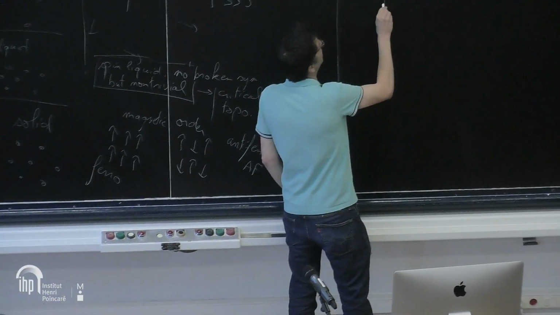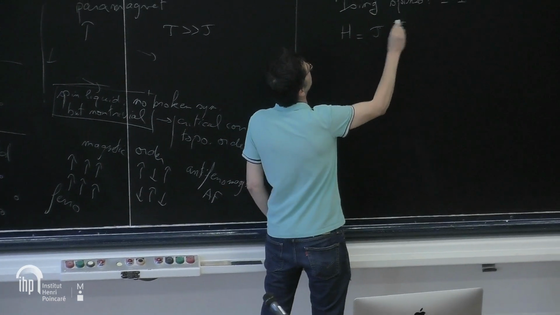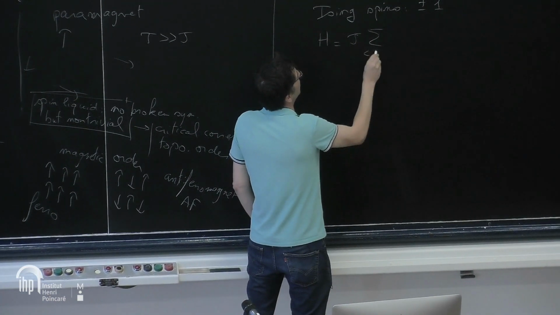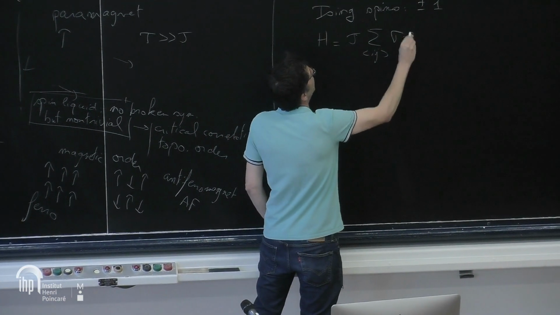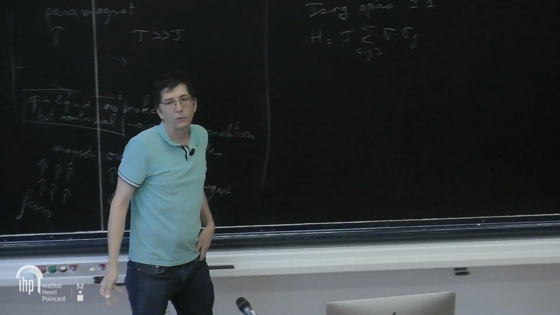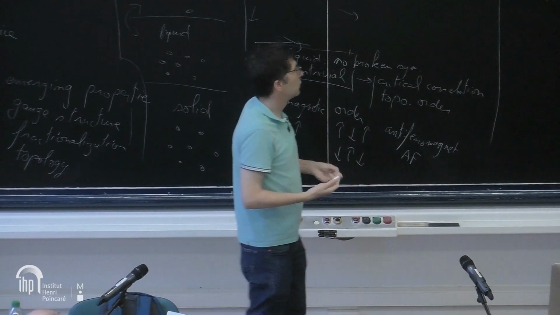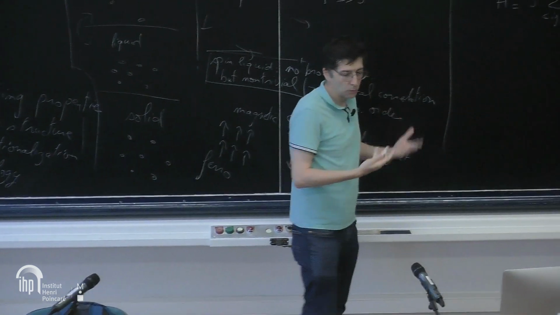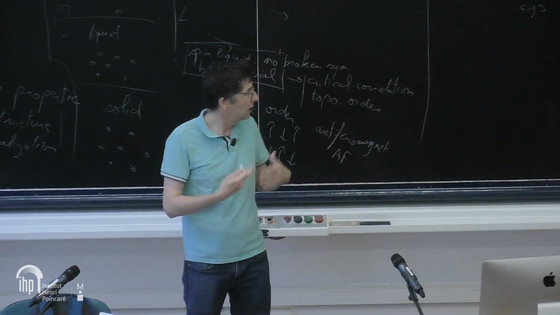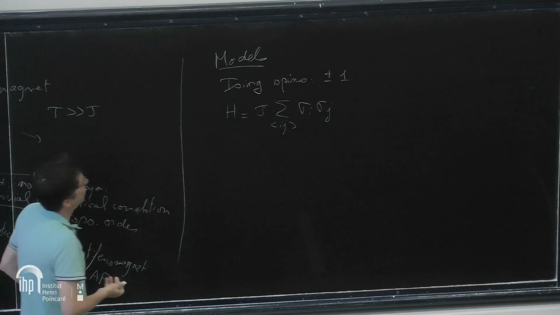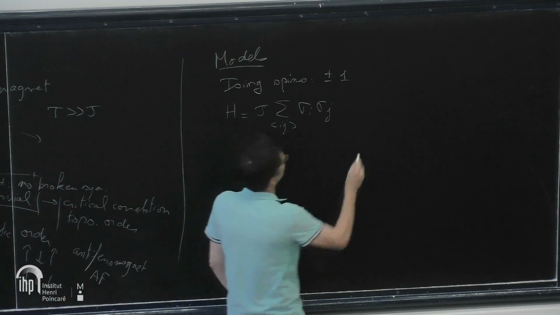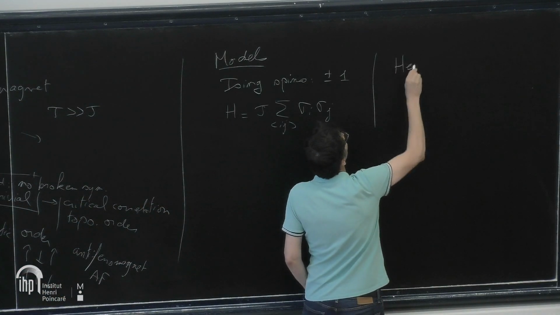And the model is typically the Ising model. Let's say, for simplicity, I will consider nearest neighbor or short-range interaction, because that's enough to describe most of the things. But of course, when you want to describe real life, you may need some additional details. So we'll have Ising spins, or we'll have Heisenberg spins.